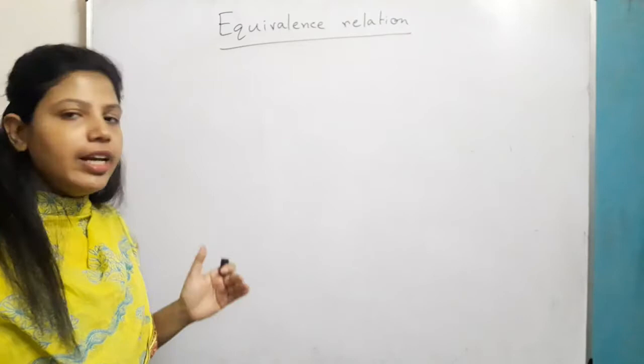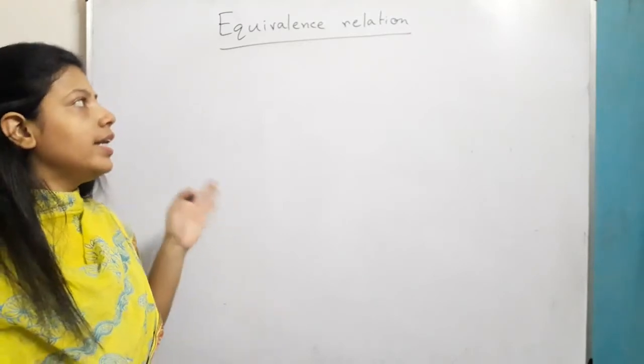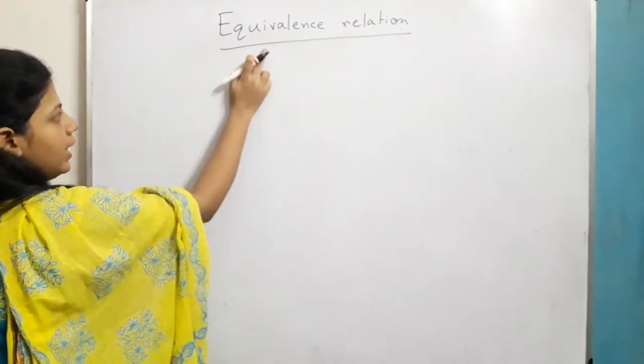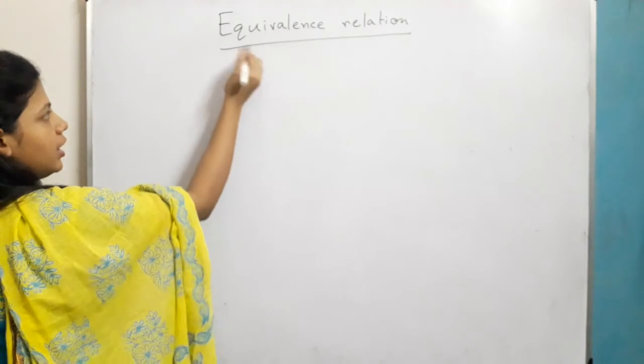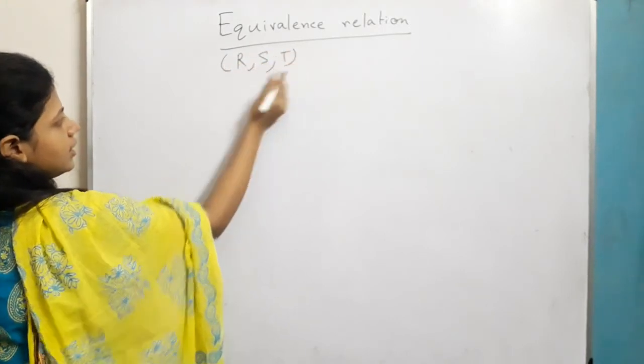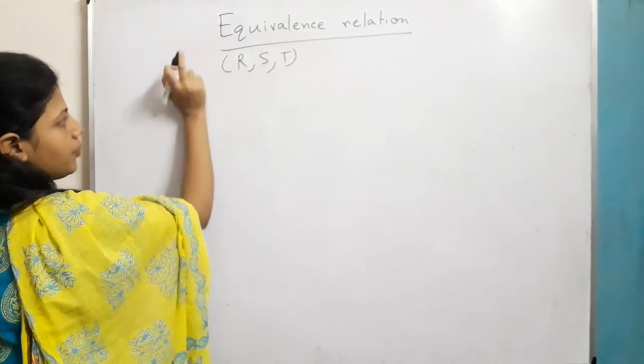If these three properties hold for some R, then R is called an equivalence relation. That means to prove equivalence, I have to prove the previous three. First, reflexive, symmetric, transitive. This RST rule is called equivalence relation.